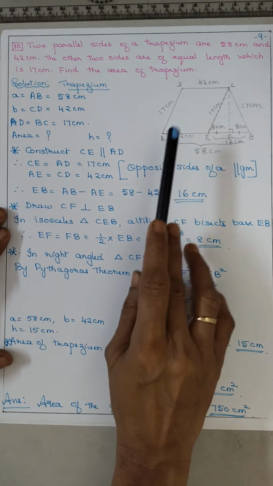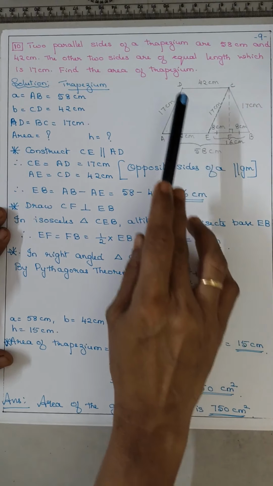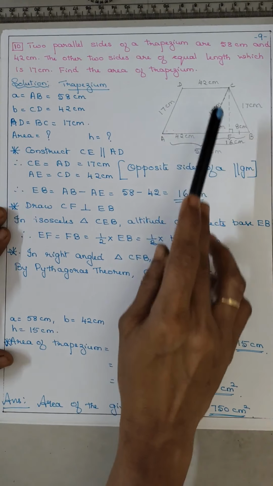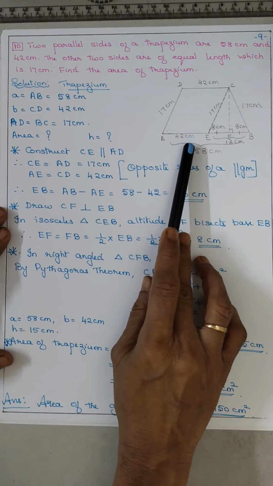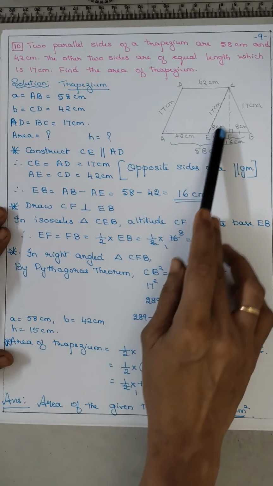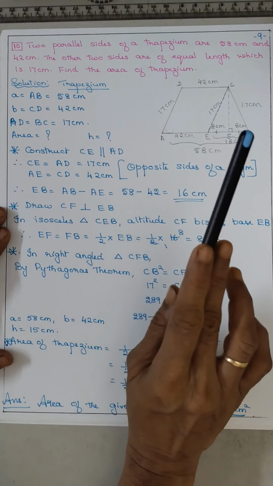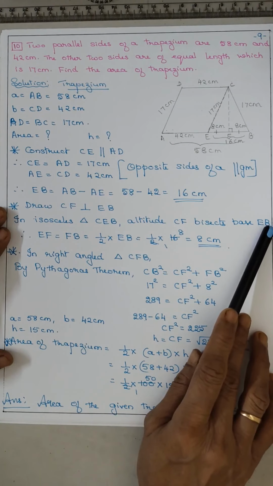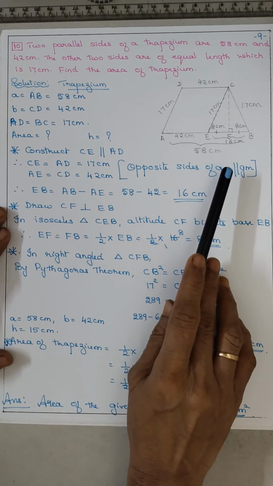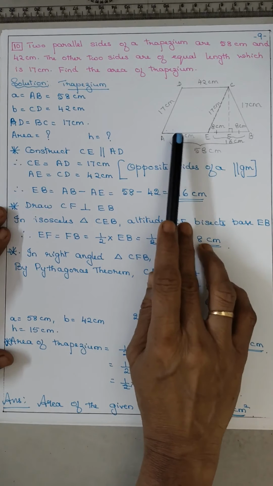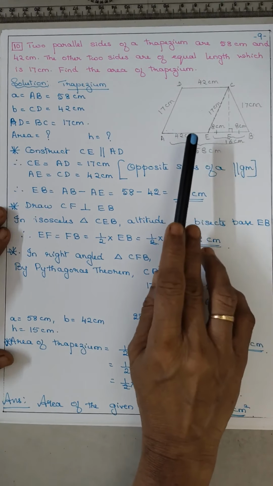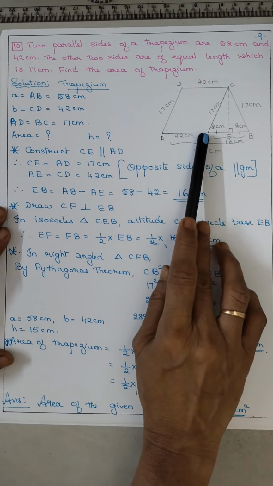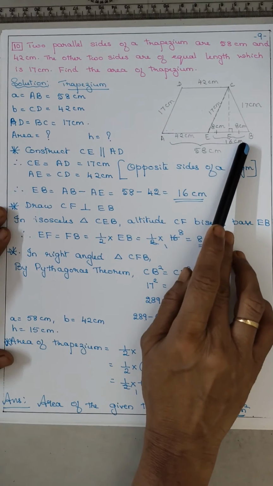So in that case, the CE will be equal to AD 17 centimeter. AE will be equal to CD 42 centimeter, because this AECD is a parallelogram. Opposite sides are parallel. Then EB is equal to 58 minus 42.